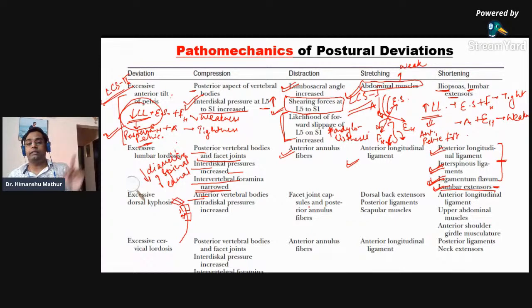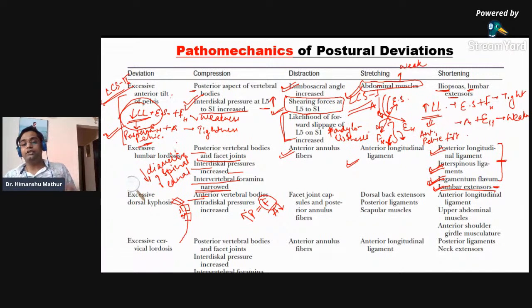The forces coming from the upper body will be the same. If we know the formula of pressure, pressure equals force per unit area, I should write it here. The forces are the same, but the area is reduced. In this case, the pressure would increase.